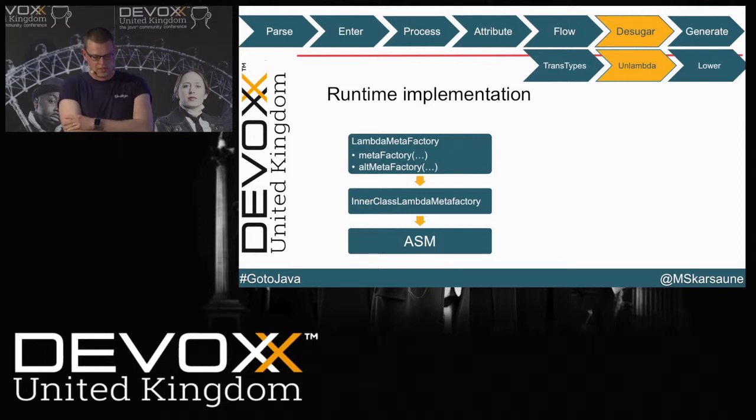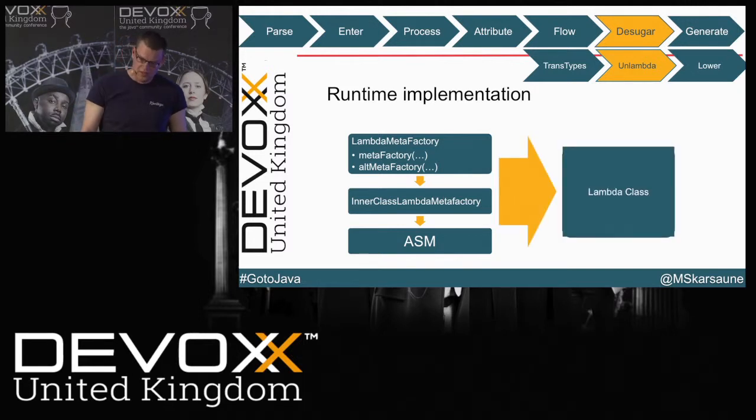And the way this works, as I said, the invoke dynamic bytecode contains this meta information. So at runtime, when the lambda meta factory receives this call, the actual implementation is based on an inner class. They use a framework called ASM, a bytecode generation framework, and it produces a lambda class. And in this case, it will even reuse the instance from time to time for each call, since it was static.